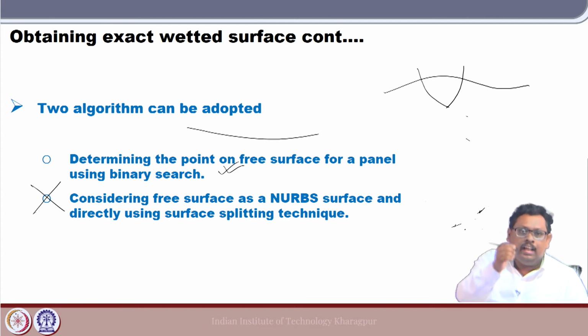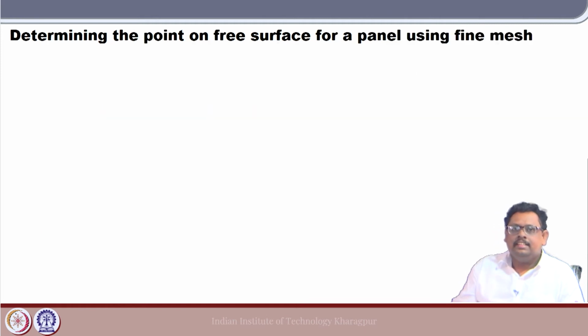Now, before we go into the binary search method, let us look at another easy way to calculate or capture the free surface. It is not that accurate, but it is very effective and, as I said, very realistic.